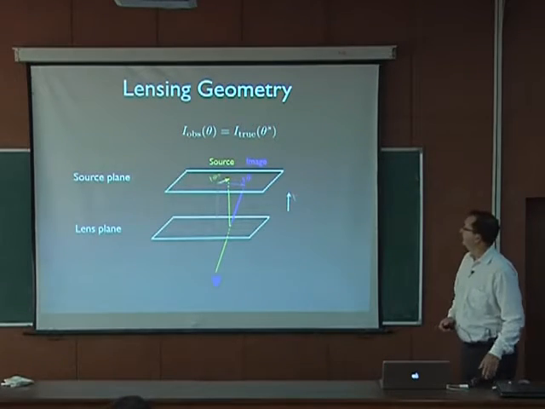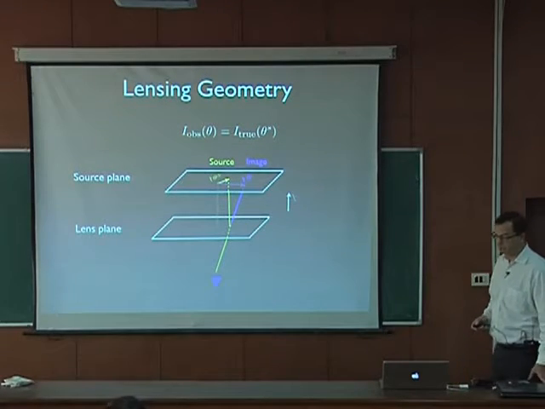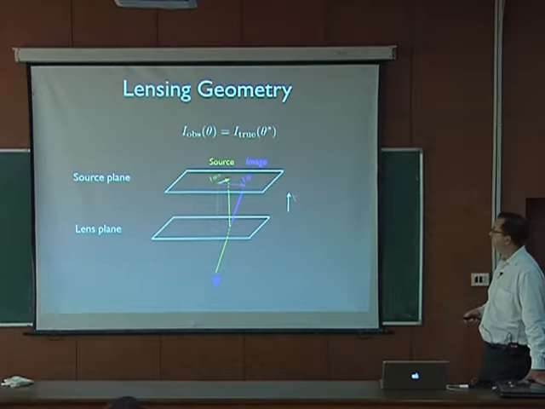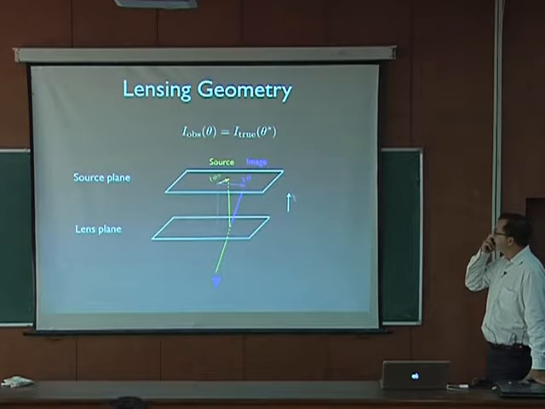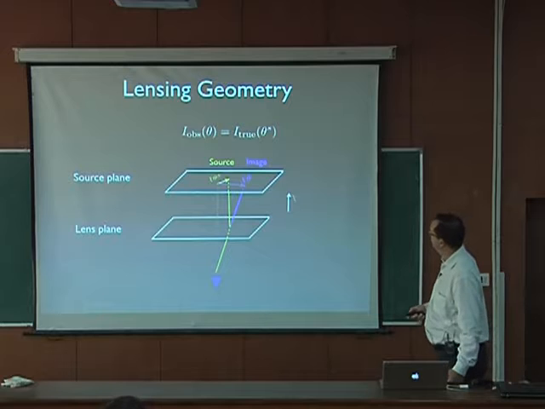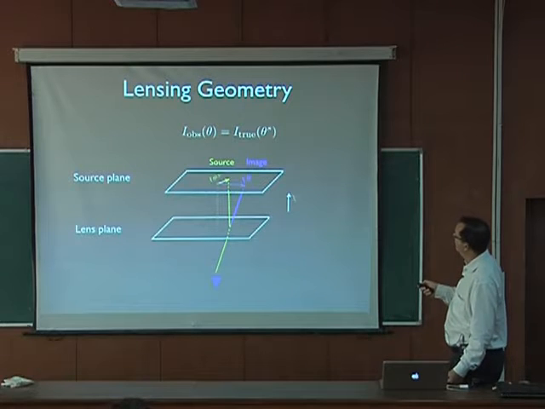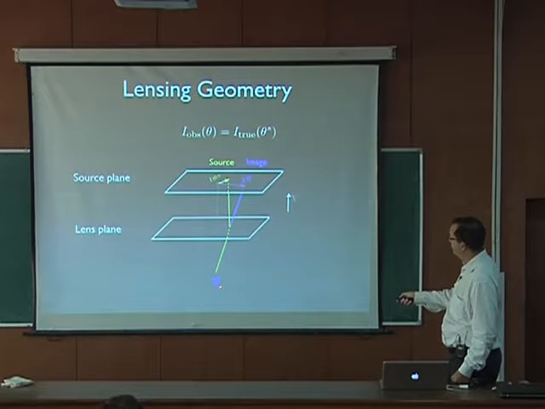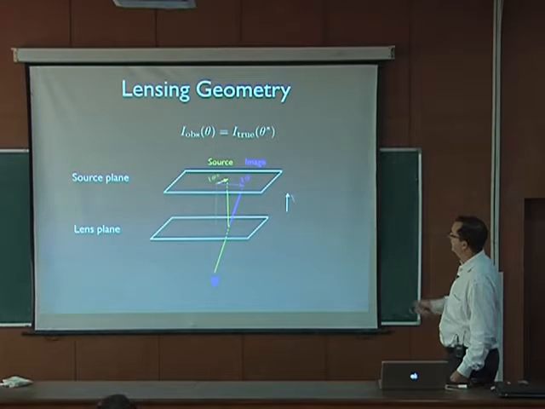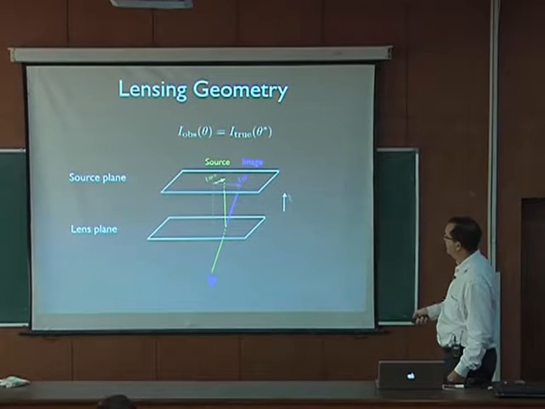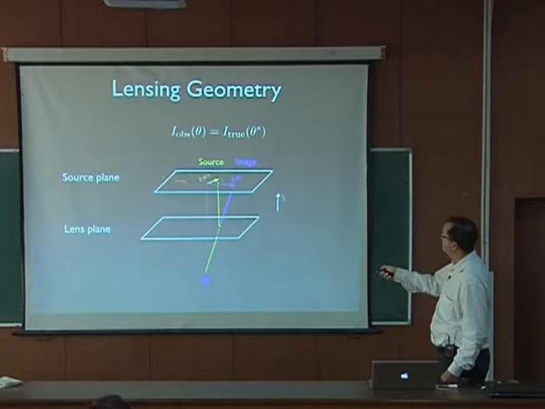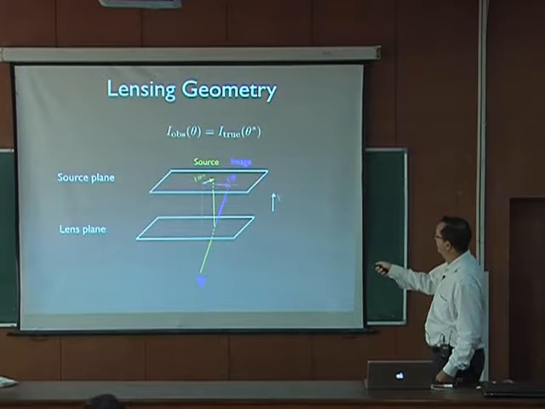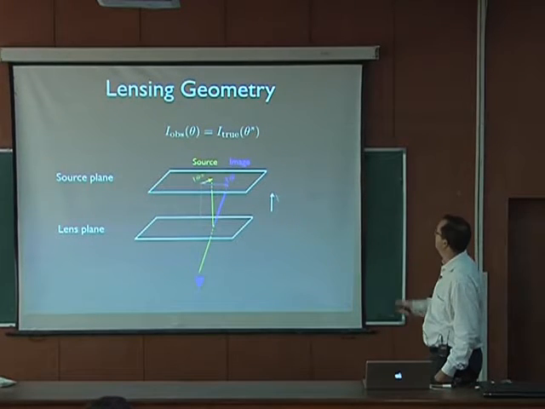Okay, so in order to solve the geodesic equation in this perturbed space-time, let's look a little bit at the geometry and introduce some conventions. For a lensing system, we use this kind of situation. We have an observer here, photons traveling in this direction, and then we have a source which is at some distance.